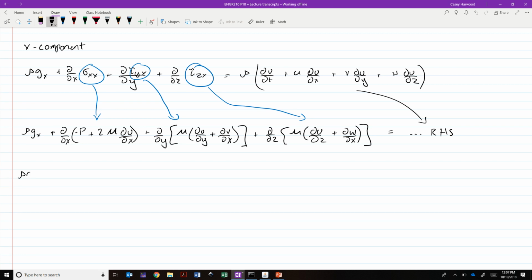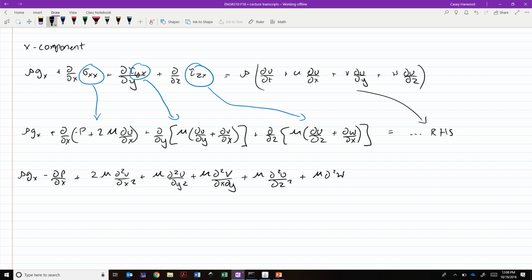We would say we've got rho gx minus dp dx plus 2 mu d squared u dx squared plus mu d squared u dy squared plus mu d squared v dx dy plus mu d squared u dz squared plus mu d squared w dx dz. And is that going to be all of it? Yes, it is.